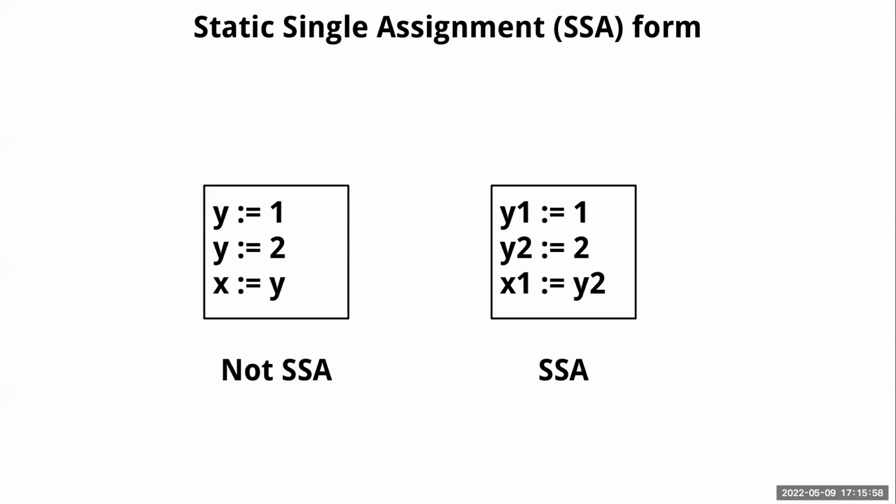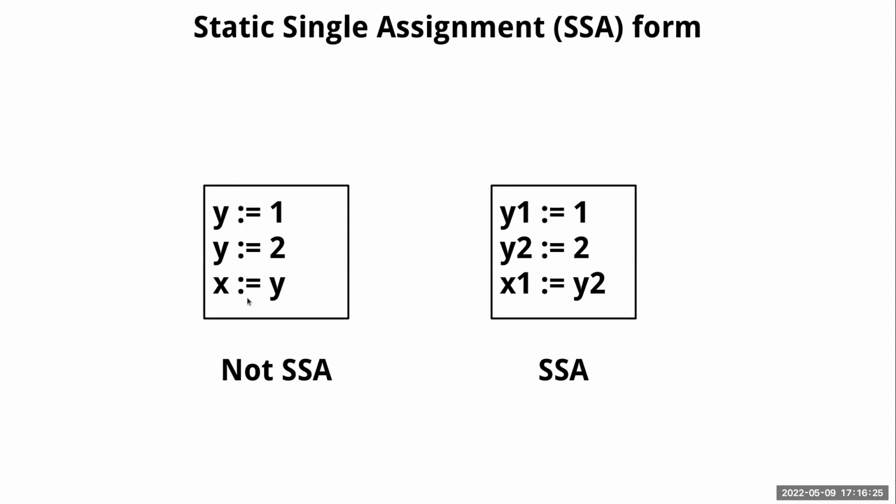What does it mean? The static single assignment form means any variable in the programming language will only be assigned once. For example, this could be some C code. y is a variable. We first assign it the value 1, then we assign the same variable the value 2.